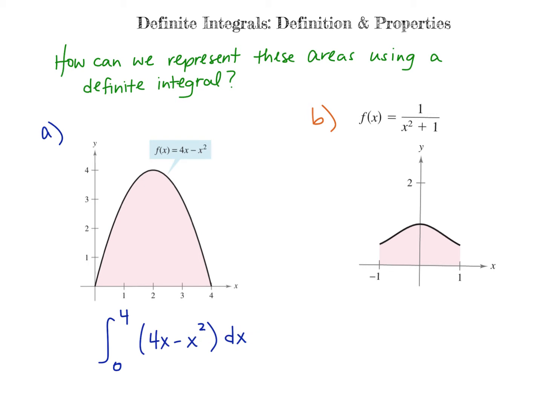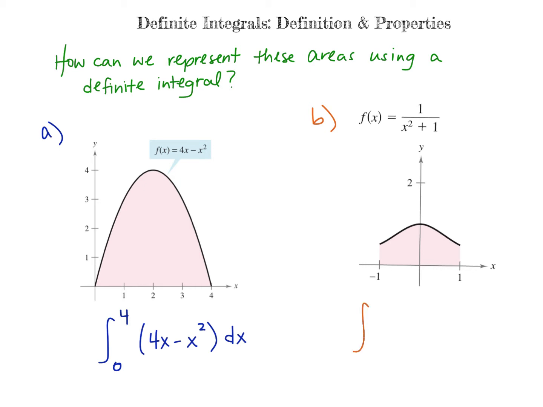It means the same thing. So I put parentheses around this function because if we don't, then it looks like the dx is only going to the x squared. When we have an integral and it has more than one term separated by a plus or minus, you do need to make sure that you put parentheses around it. So this is representing the area that is shaded here in pink, the area under our curve. In part B, we want to do the same thing.